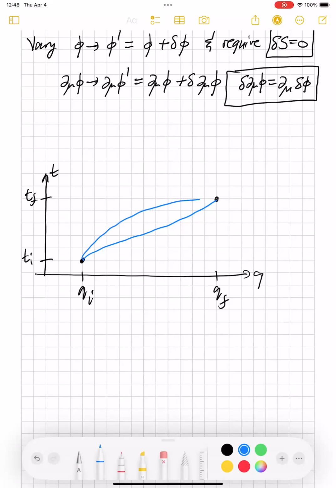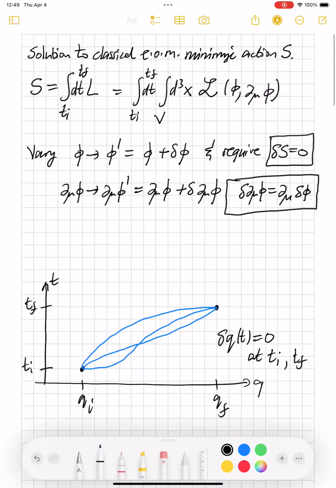And we considered a whole family of paths, but you can see that importantly, all of the paths started at the initial point, and all of the paths ended at the same final point. And the way that we arranged that is we said the change in the coordinate q(t) is equal to 0 at the initial time and the final time.